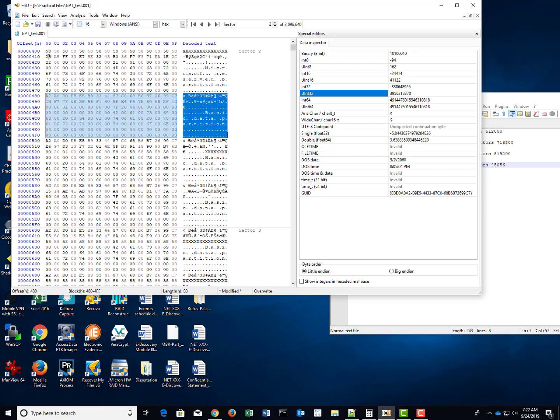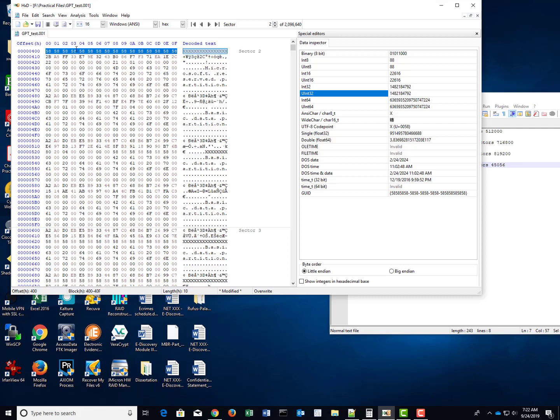You always start off with the GUID value, and then 8 bytes for the starting sector, 8 bytes for the ending sector. So we're going to repeat that pattern. The third line down into the partition entry is a starting sector. So we sweep those, and you end up with 34. Next 8 bytes we sweep, that's the ending sector.